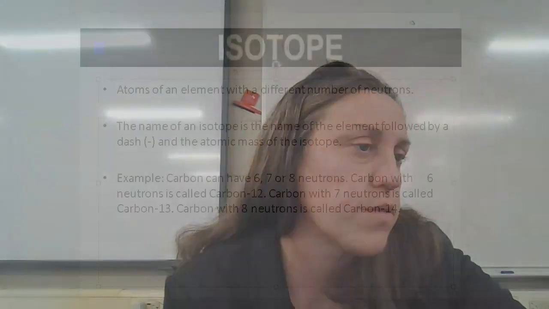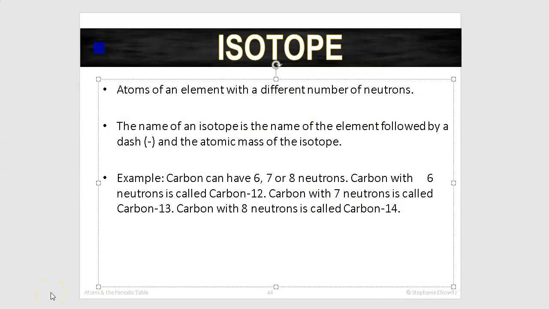So what is an isotope? An isotope is an element with a different number of neutrons. Remember, oxygen is oxygen. I'm going to break into this and go to a drawing too, so I'll pause here in a little bit to open up Google Drawing. The name of the isotope is the element name, represented with a dash and the mass number of the isotope, and we're going to get into that.